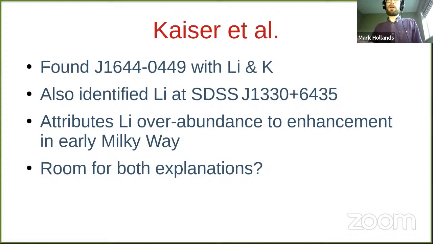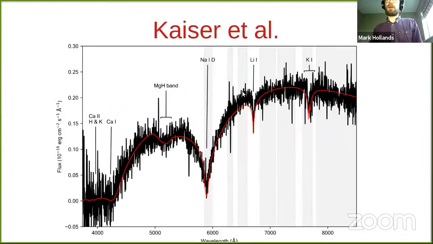Just to quickly show the spectrum, you can see it's in some ways similar to some of the other spectra we looked at. And similarly, even though they use different atmospheric models, they also had difficulty replicating the shape of the lithium line.